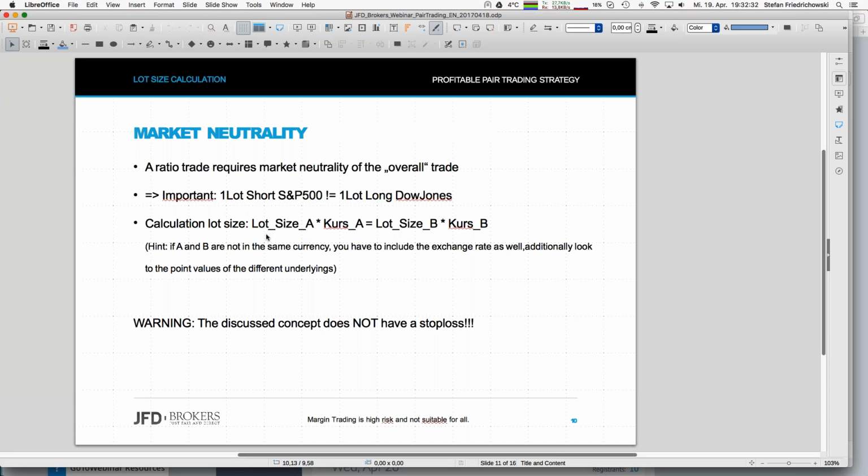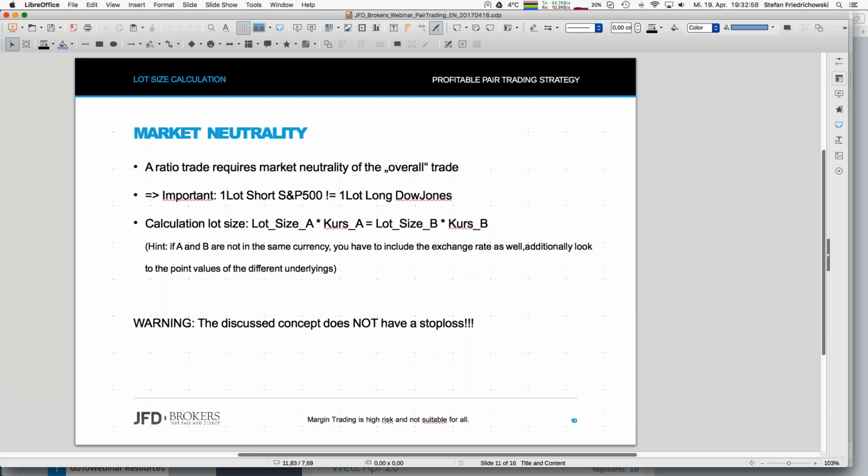And the calculation is quite obvious. You need exactly that kind of equation: the lot size of symbol A times the price of symbol A should be equal to the lot size of symbol B times the price of symbol B. If you apply that rule, then of course you have market neutrality. Let's come back to S&P 500 and Dow Jones.